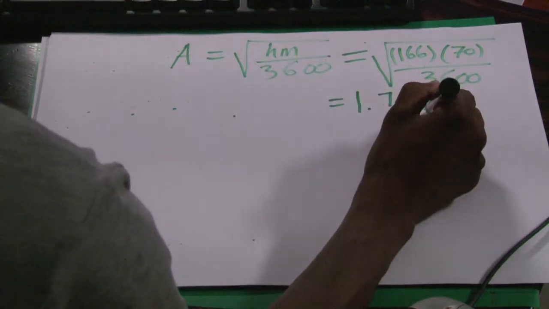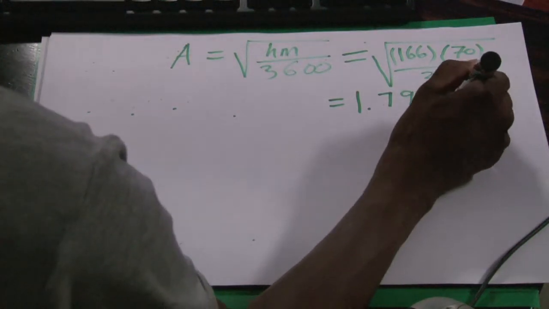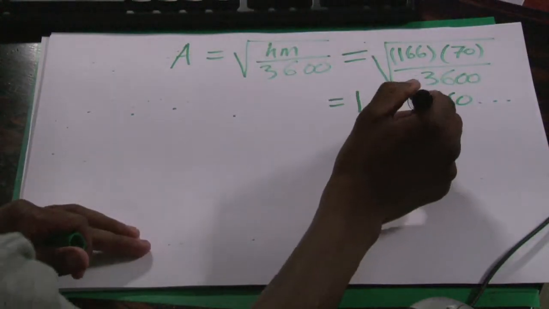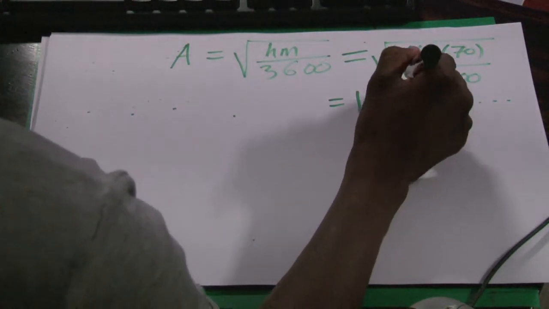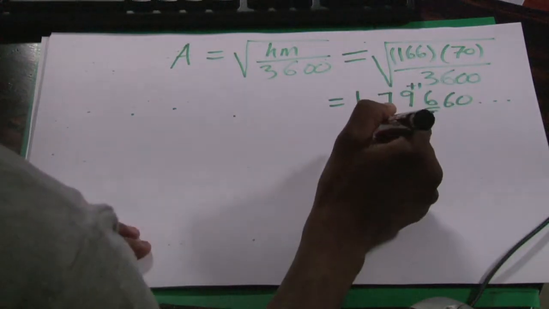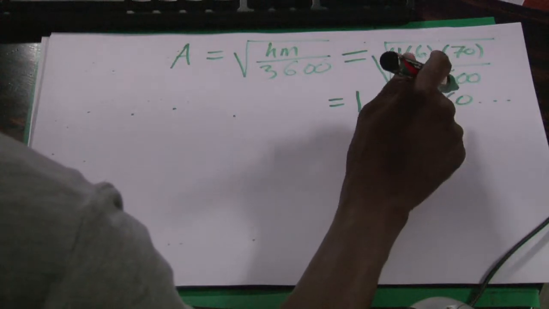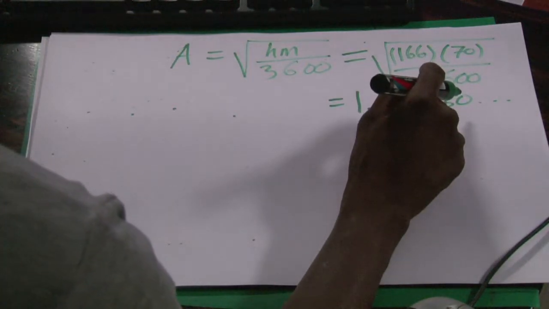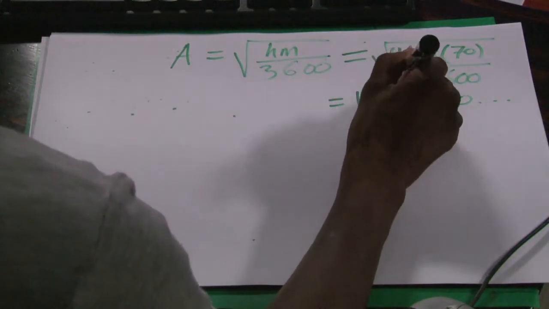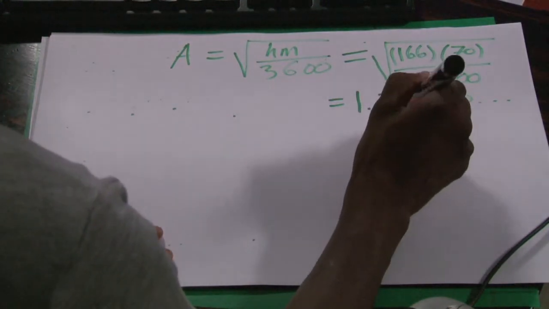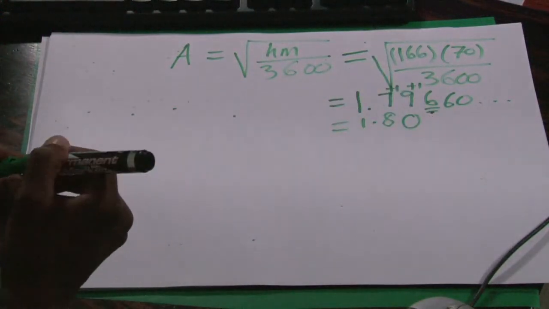What we do, we look at the 4th number. Remember, this is 6 point, it goes on like that. We look at the 4th number. Is it more than 4? Yes. So then we add a 1 to the previous number. This is giving us a 10. So we're going to borrow a 1 from the 10 and remain with a 0. Add that one here. And then so we have 1.80 as our final answer.